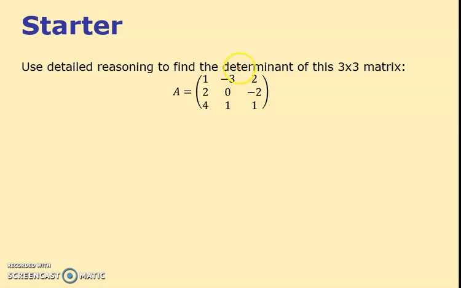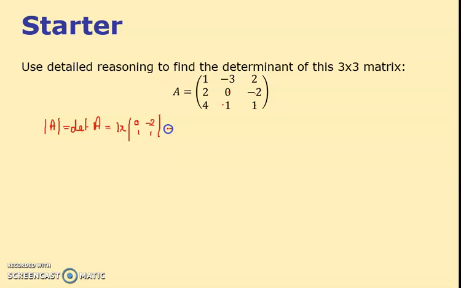Before we do this, we're going to have to remind ourselves of how to find the determinant of a 3 by 3 matrix. And we need this because, quite surprisingly, this has got something to do with determinants of 3 by 3 matrices. So let's just remind you what you do if I want to find the determinant of A, usually written like that, or just simply as det A. You do 1 times the determinant of this matrix, so it's 0, minus 2, 1, 1.